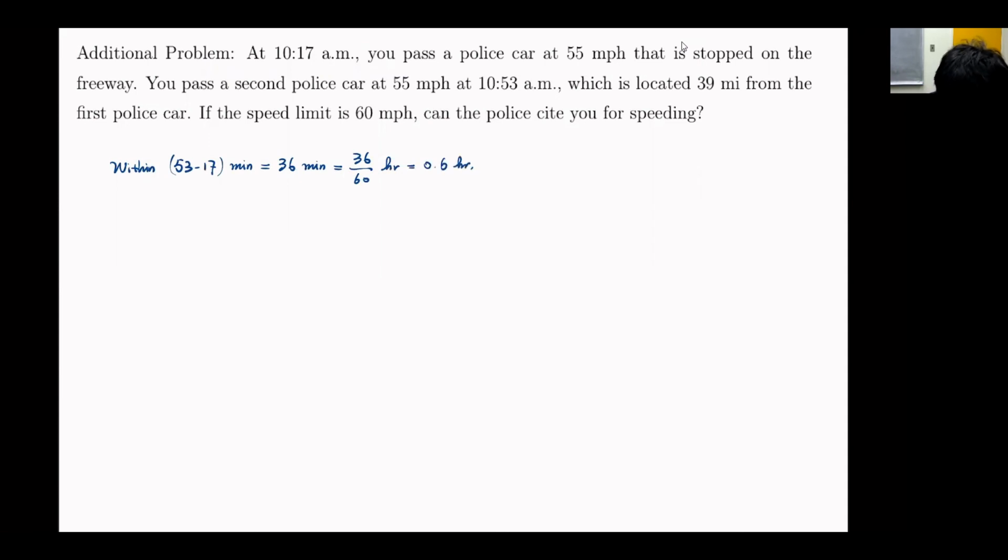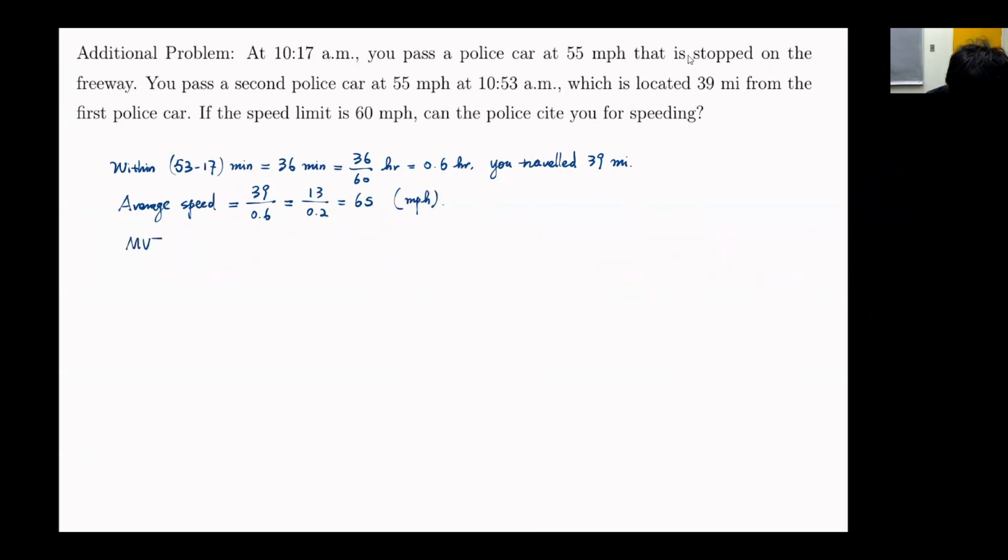Within 0.6 hour, you traveled 39 miles. So the average speed equals 39 divided by 0.6. This is actually divisible, so this will be 13 divided by 0.2, which is 65. So your average speed will be 65 miles per hour.